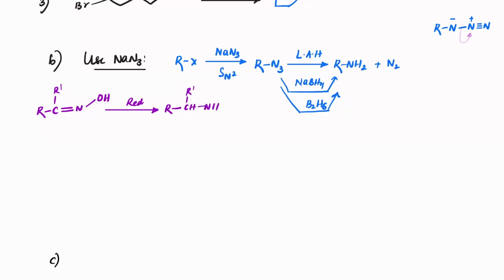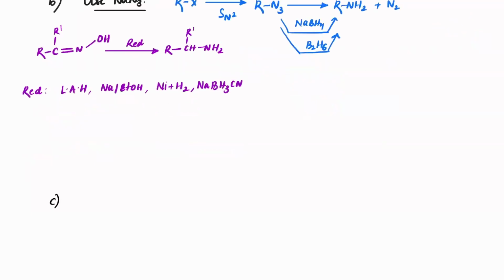What are all the reducing agents we can use? I can use lithium aluminum hydride for sure. I can use sodium in ethanol, Bouveault-Blanc reduction, and I can use nickel with H2. Got it? I can use NaBH3CN. This can also be used. So all of them will make this into an amine.